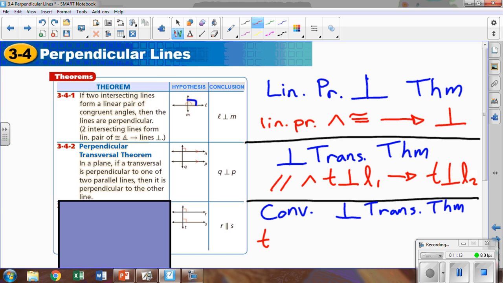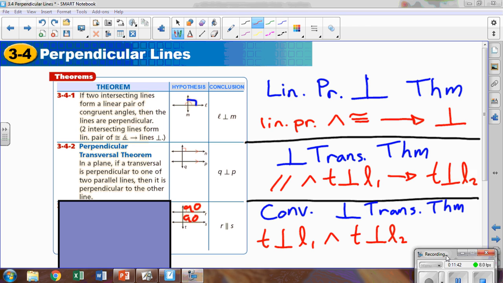If your transversal is perpendicular to one line, so if it's crossing the top at 90, and the transversal is perpendicular to the bottom line, so it's also crossing at 90, you notice then that we have congruent corresponding angles. And we know that the converse of the corresponding angles postulate then would guarantee us those lines are parallel.